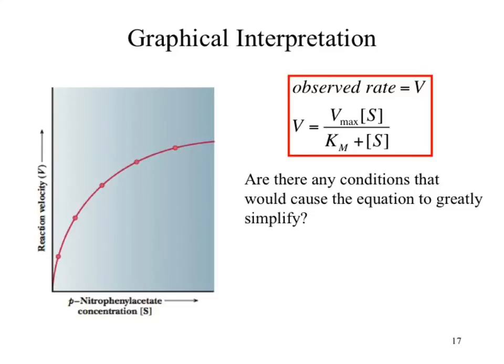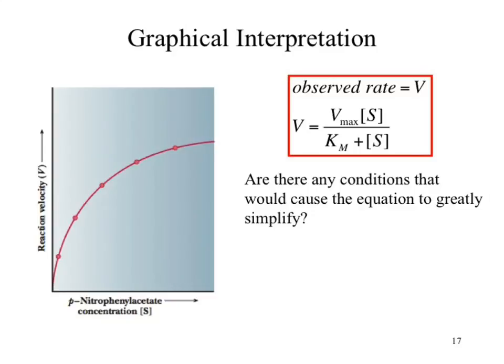What would our rate be at ridiculously, stupidly high substrate concentrations? Aren't you slowing down? The rate of change of the rate changes, okay, but not the rate. The rate does not drop down. The rate is still going to be high. It just flattens out. It'll be equal to Vmax.